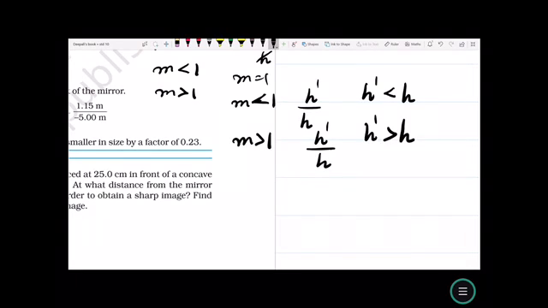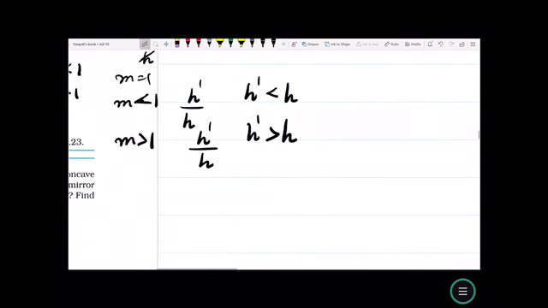And when is M greater than 1? When H prime will be greater than H, then we get greater than 1. So, it is an enlarged image.